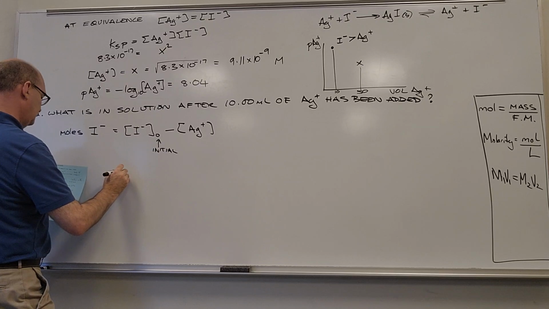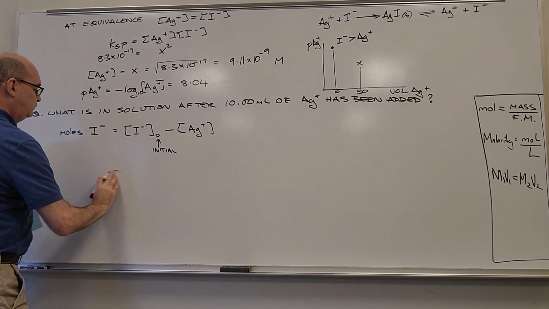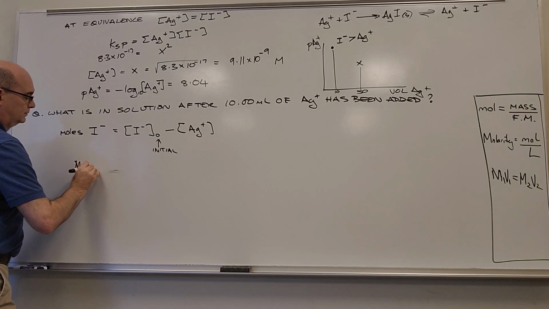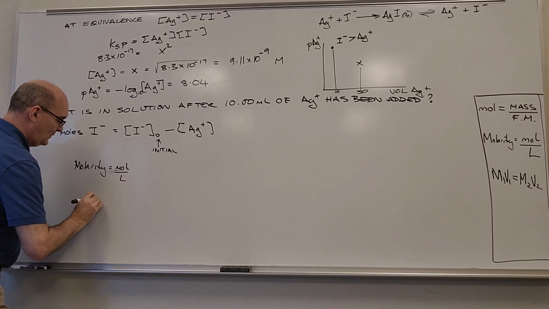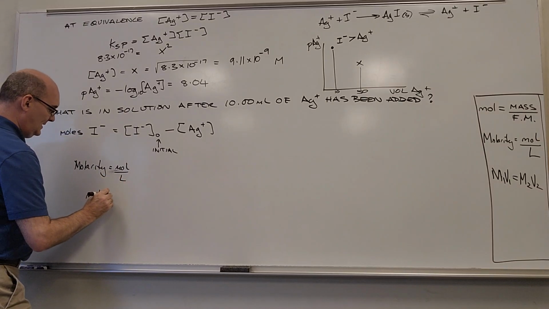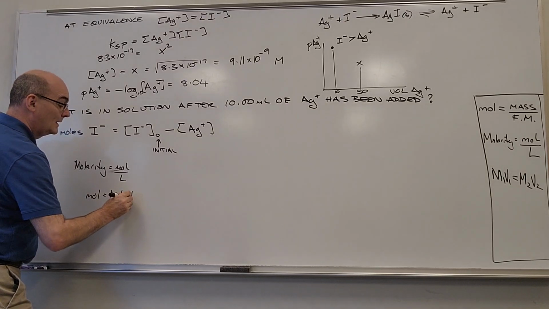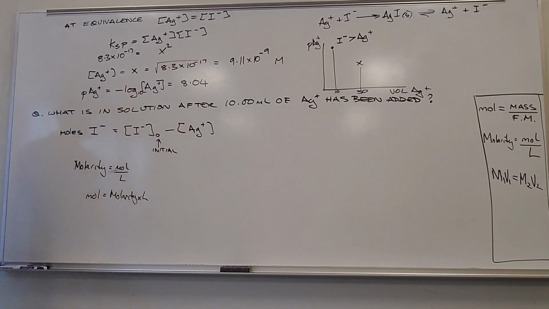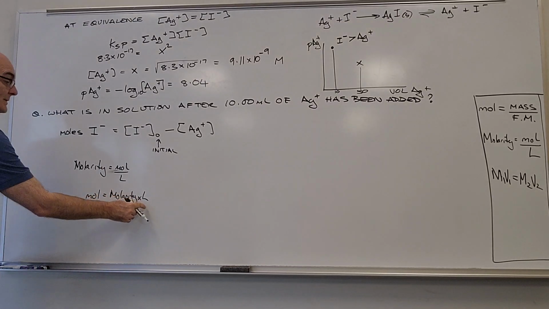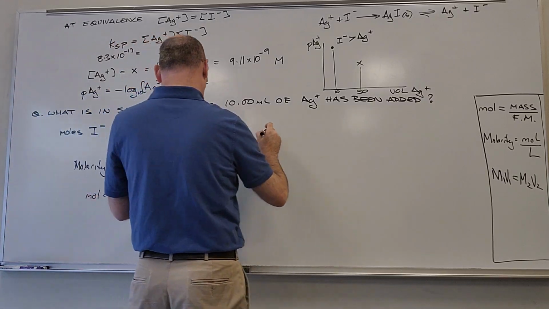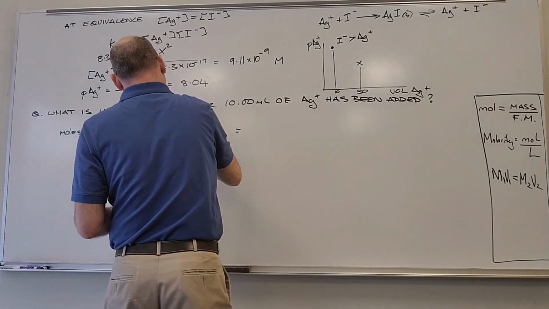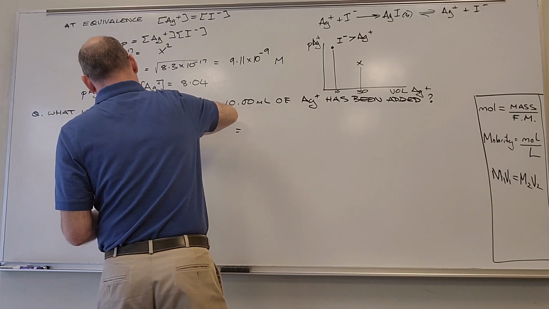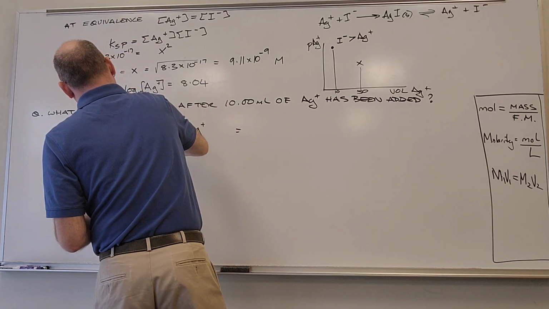So, molarity is moles per liter, therefore moles is molarity times liters. These numbers are going to be in liters. So I'm just going to make this be moles, not concentration. Moles. Yeah. Because I'm going to turn those into moles.